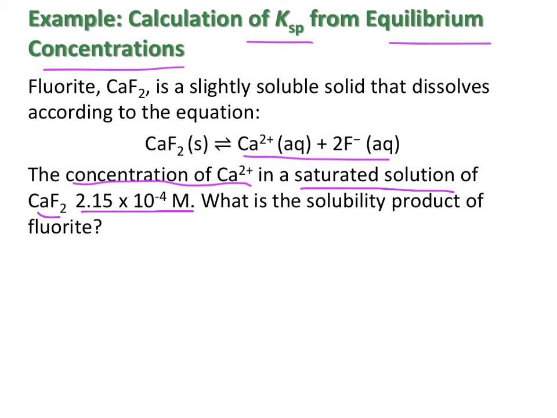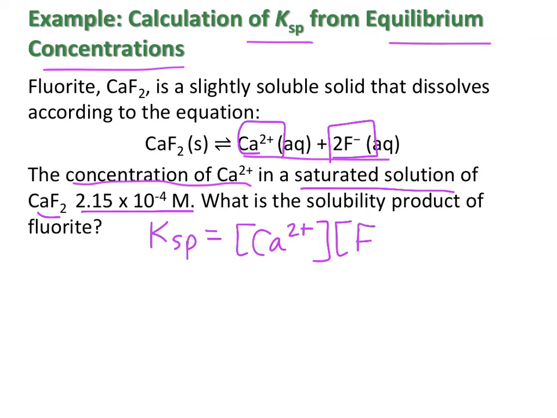So I would start by first writing out the solubility expression, the equilibrium expression. So we have Ksp equals the ions, and remember to take into account the stoichiometry. So calcium 2 plus, and it's just raised to 1 because that's the coefficient.